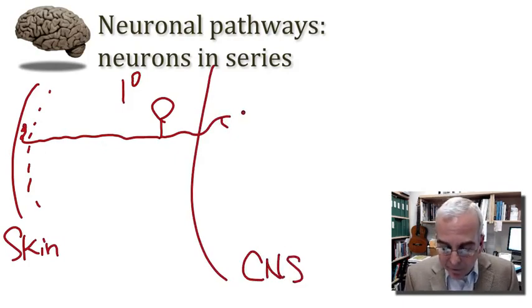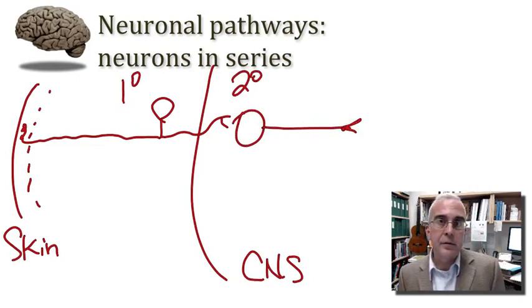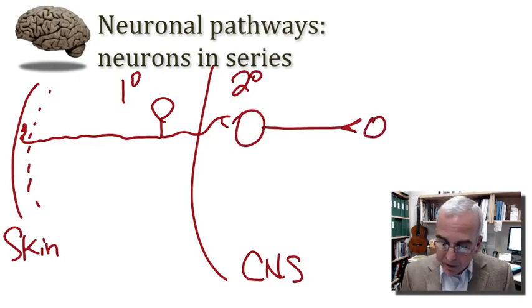And that first order neuron synapses on a second order neuron. And that second order neuron projects some distance through the central nervous system to typically a third neuron. We'll call that a third order neuron.